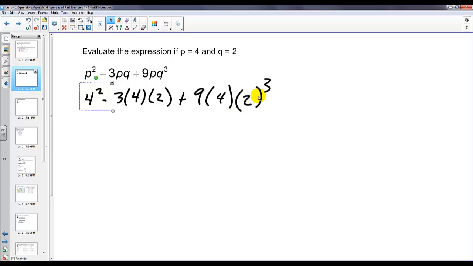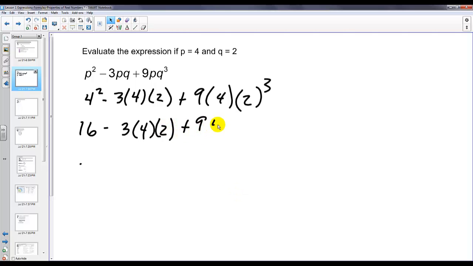I'll do all those exponents first, and in this case I have 16, once again 3 times 4 times 2, and here I'm going to have 9 times 4 times 8.